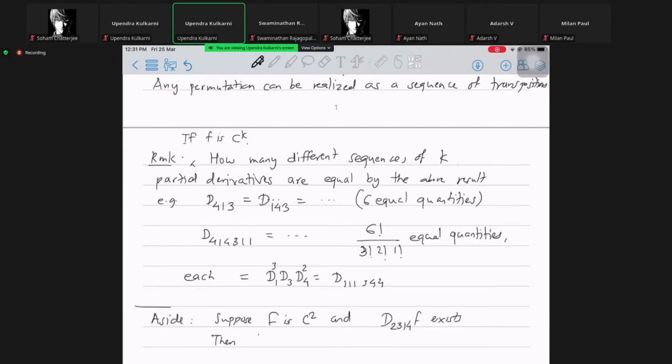Then you want to say that D2314 of F is also equal to D of what? 2341. 2341. Okay, just think about this. Do you agree? Does everyone see this, or is there any objection?